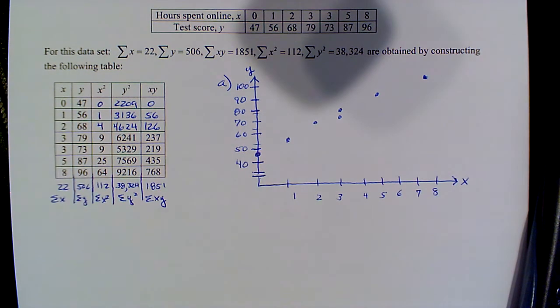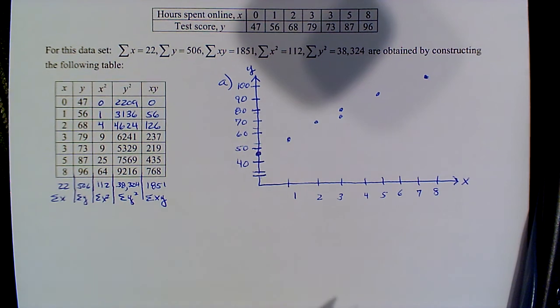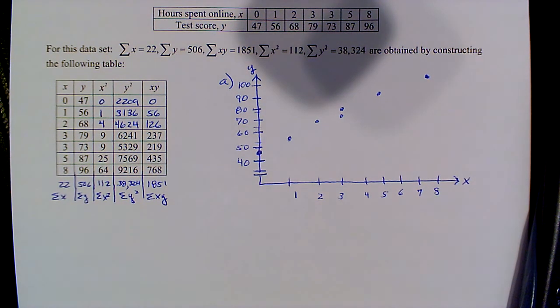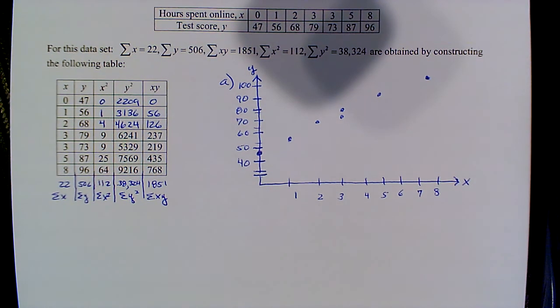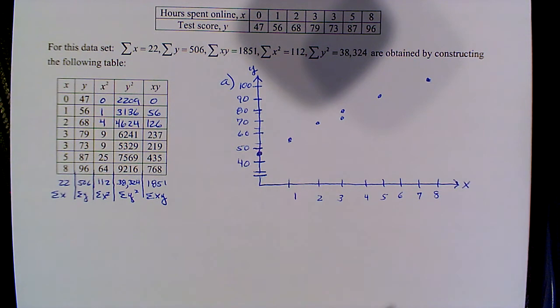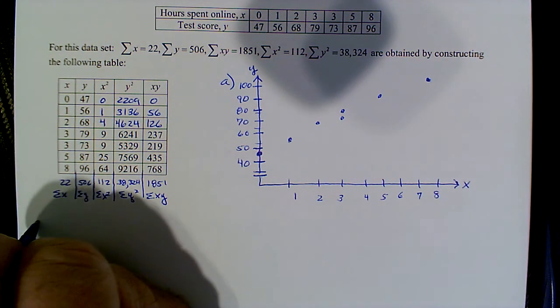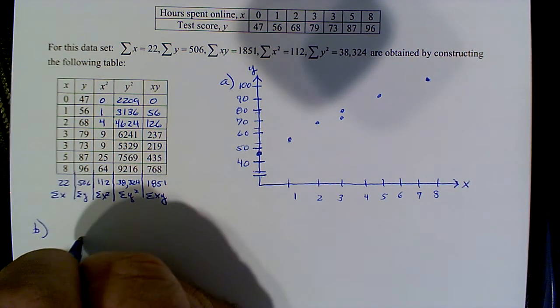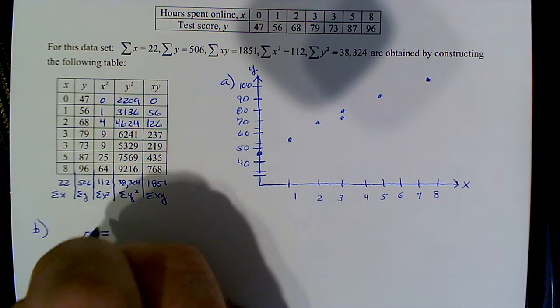Okay, so I know it's a little bit tedious. Feel free to use Excel to do those computations if you want. But that's how we calculate the sums. And then the correlation coefficient. Alright, so the formula, it's on your formula sheet.